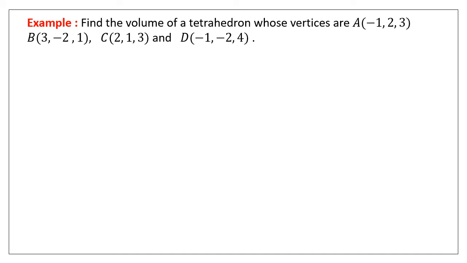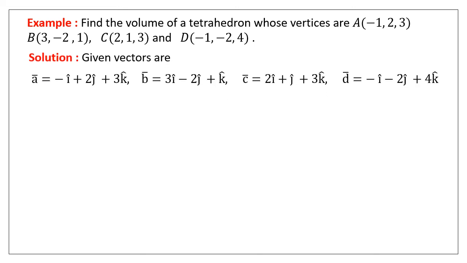Find the volume of a tetrahedron whose vertices A, B, C, D are given. Solution. Write down the given vectors as A bar equals, from point A, minus I cap plus 2j cap plus 3k cap, B bar as 3I cap minus 2j cap plus k cap, C bar as 2I cap plus j cap plus 3k cap, and D bar as minus I cap minus 2j cap plus 4k cap.